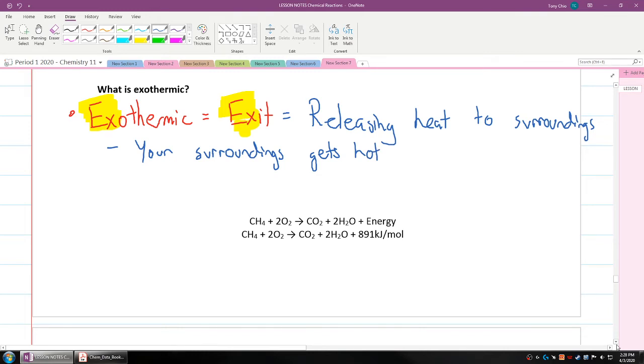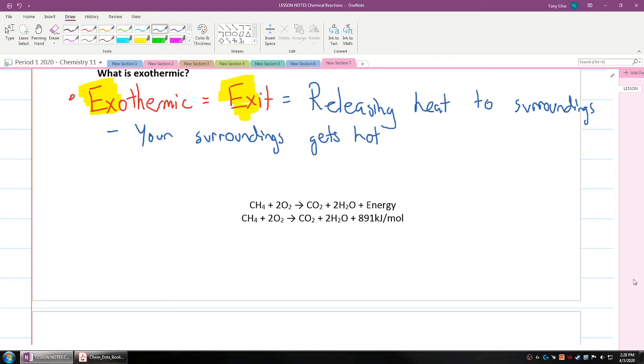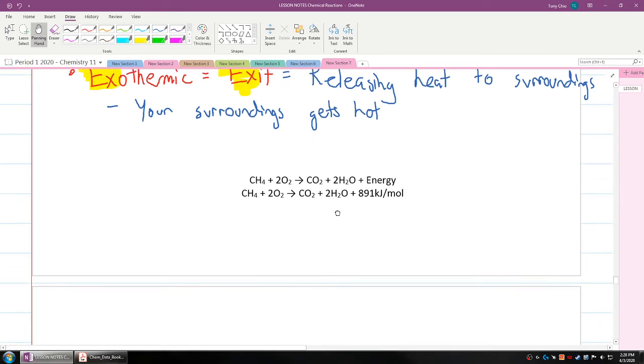So if you think about it in terms of, for example, when you sometimes could mix, I don't know, anyone ever mix concrete or cement with water? That's what we call exothermic reaction. The concrete or cement mixture will get hot. So here's an example of this case where if you write a reaction, this is what's going on.